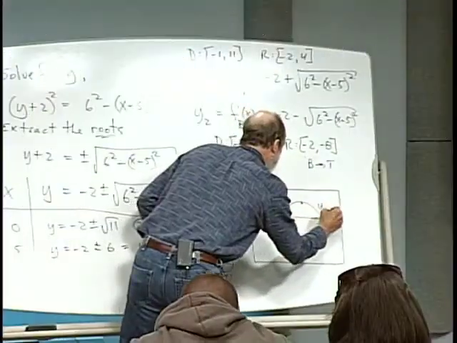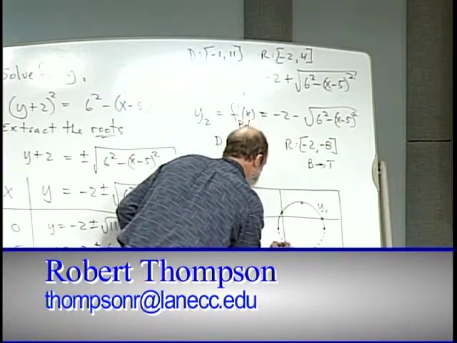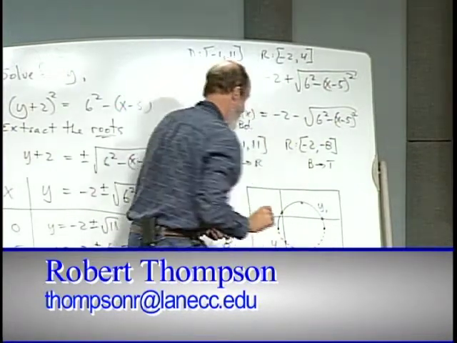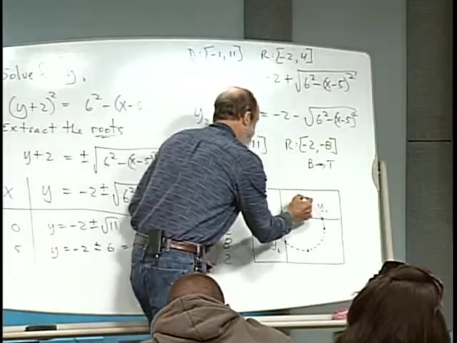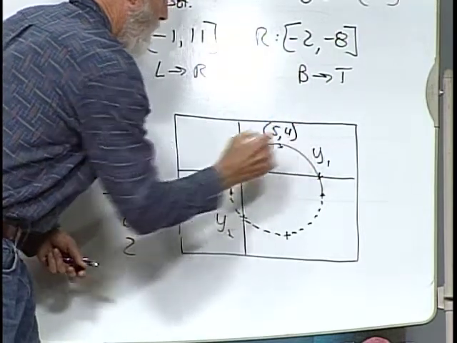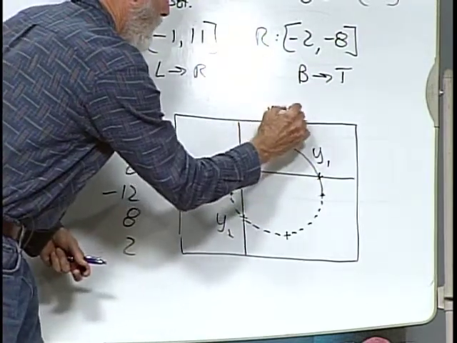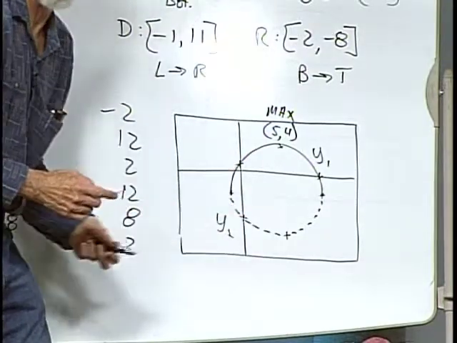So here's Y1, and then separately, I'll draw it dotted, is Y2, and you label it. And then we also use that maximum feature to determine that we were at 5.4 for the max location, and we could have done some other things to find the minimum.